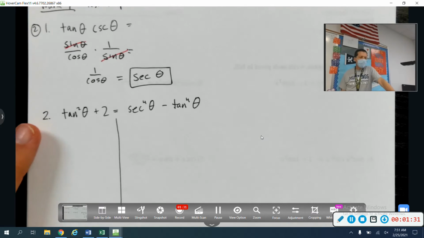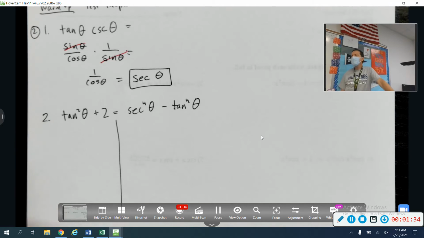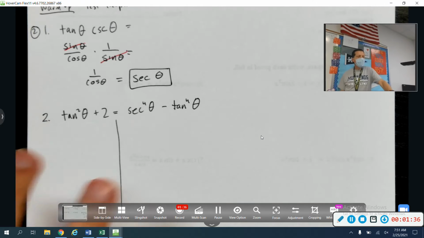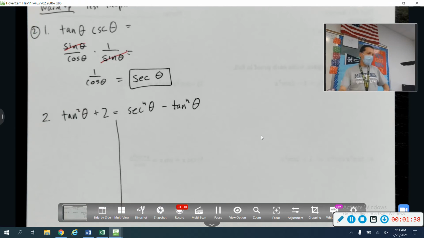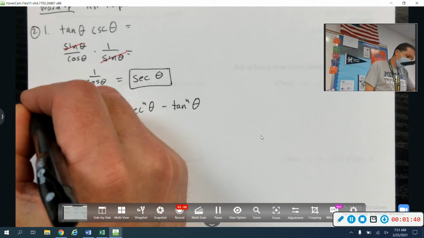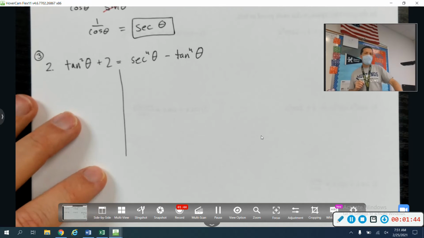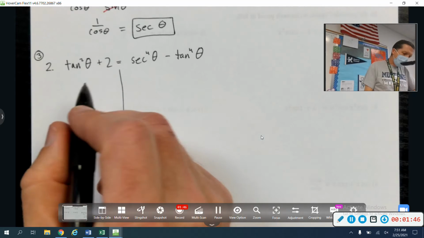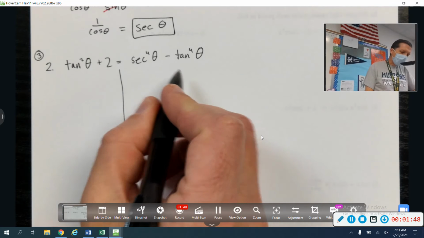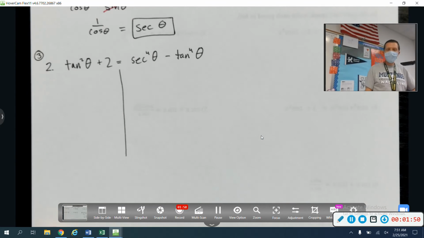Number two is a proof or an identity, verify, where you only work on one side. I think there are 3 of those on the test. And again, you usually want to work on the more complicated side, so something with a fourth in it looks pretty bad. So let's work on that side.